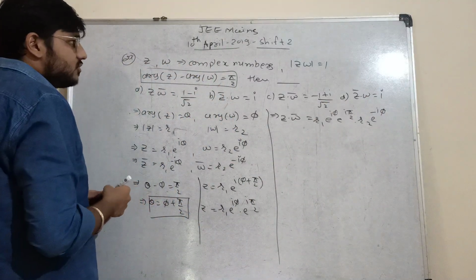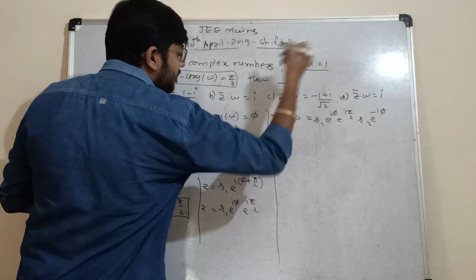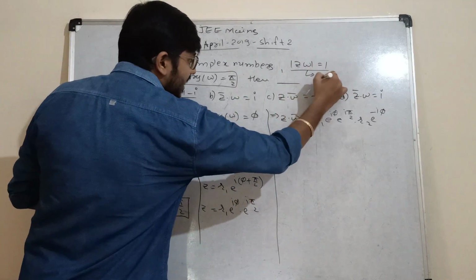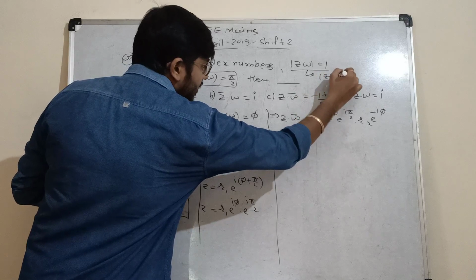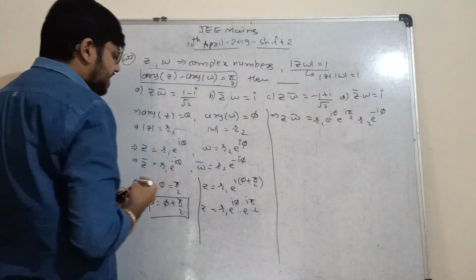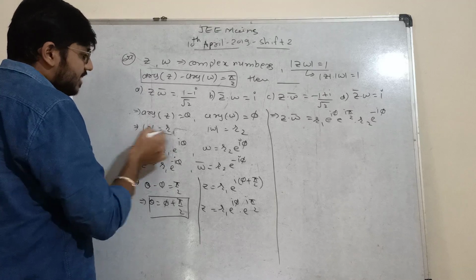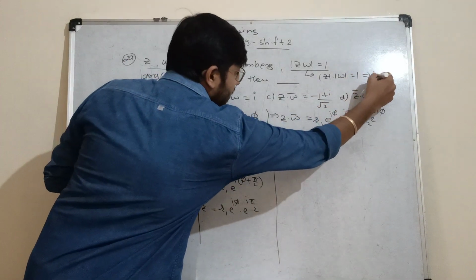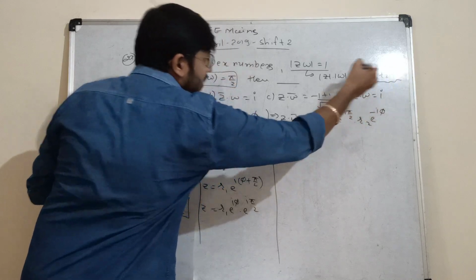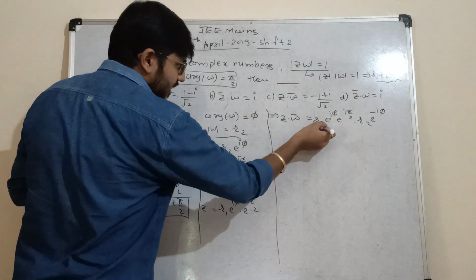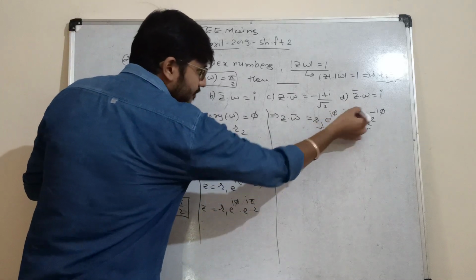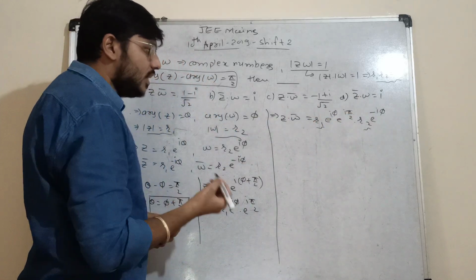It is already given that the modulus of ZW equals 1. So this can be written as modulus of Z into modulus of W equals 1, and we have already assumed that modulus of Z is R1 and modulus of W is R2. So we have obtained the result that R1 dot R2 equals 1. So you just check, R1 dot R2 equals 1, and e raised to i phi and e raised to minus i phi give 1.